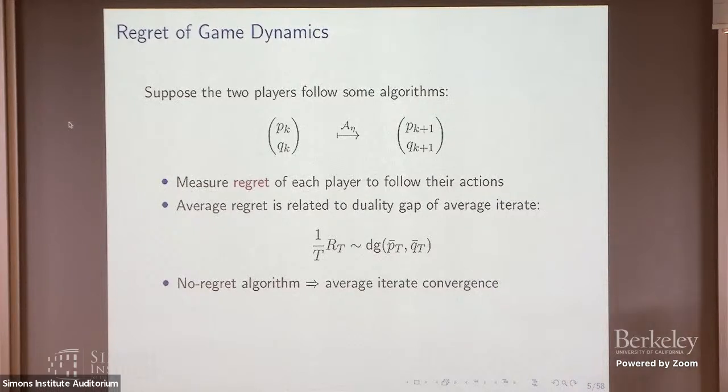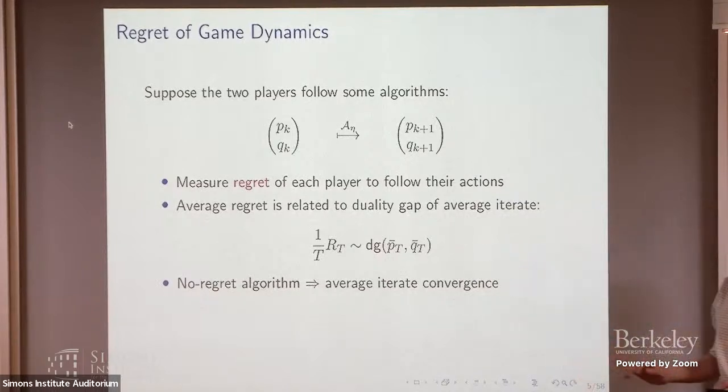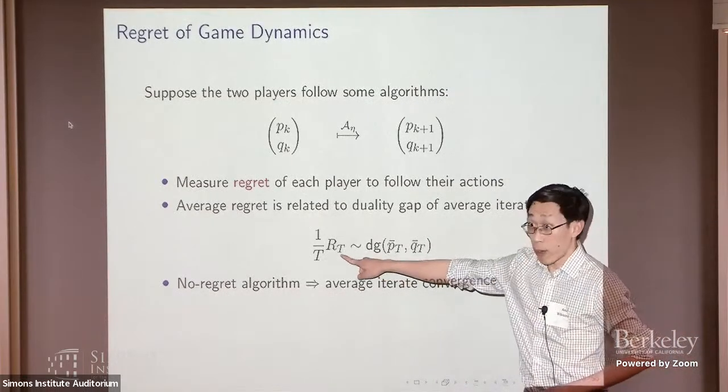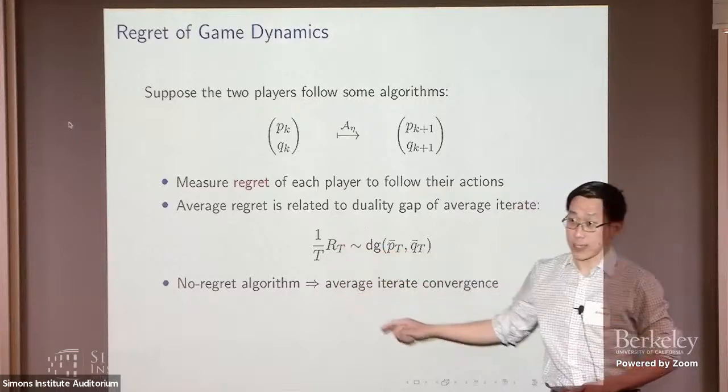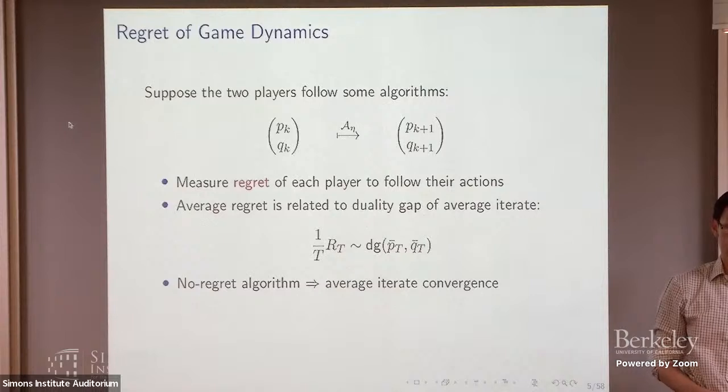And typically, if you define them properly, then when you sum them up, the total regret of the players averaged over time will be related to the duality gap of the average iterates. Right? And here we are in the very simple bilinear case, so averaging still makes sense. And therefore, if we have an algorithm with no regret, meaning the regret R_T grows smaller than T, then this average goes to zero, and we know that we have a convergence of the average iterates to the equilibrium.